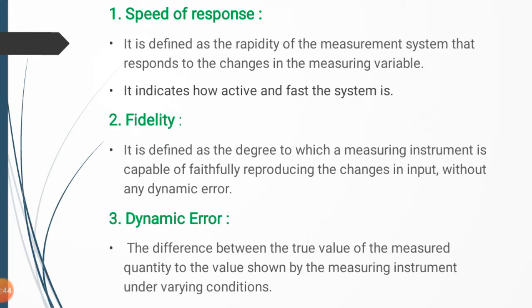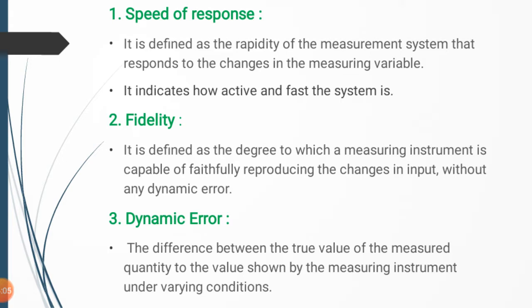The name indicates that speed of response means how fast the sensor responds to the measuring variable or the input. This indicates how active and fast the system is. From that we can judge how active and fast the sensor is.